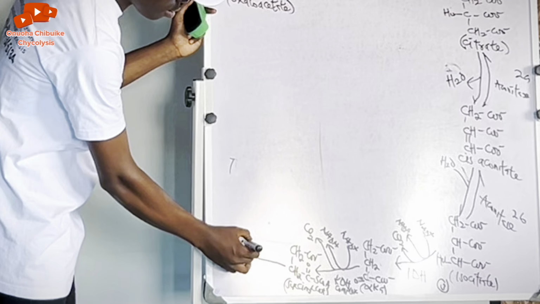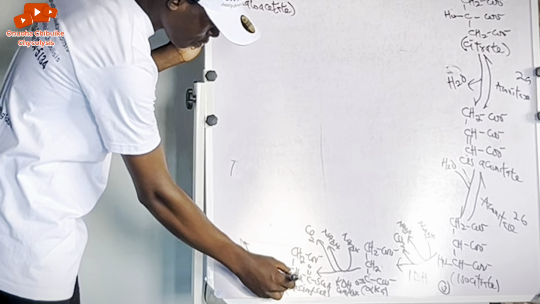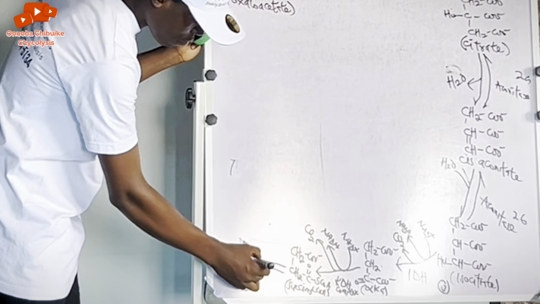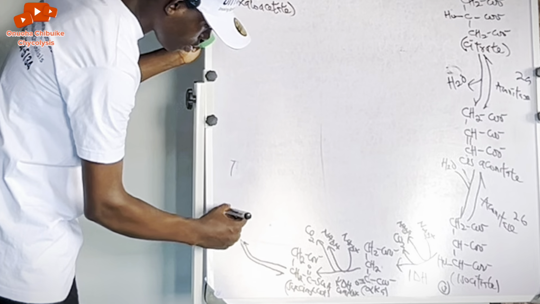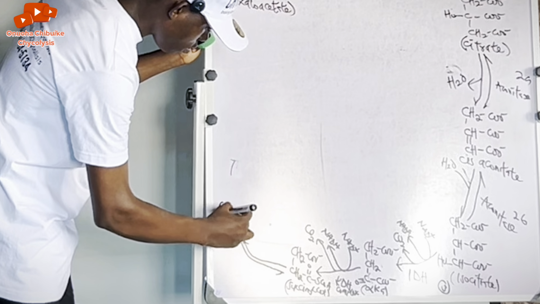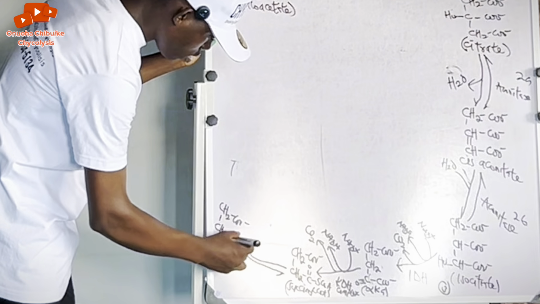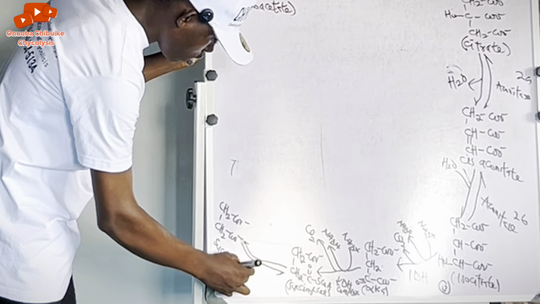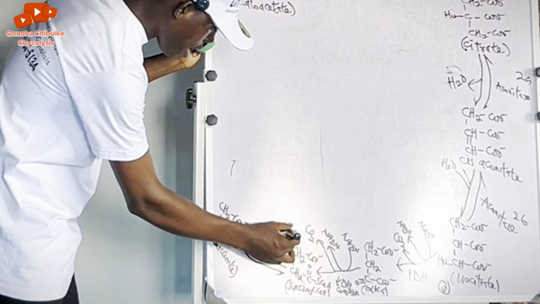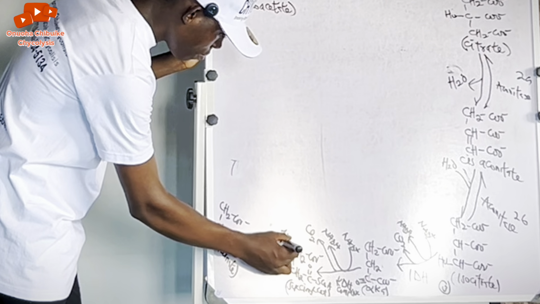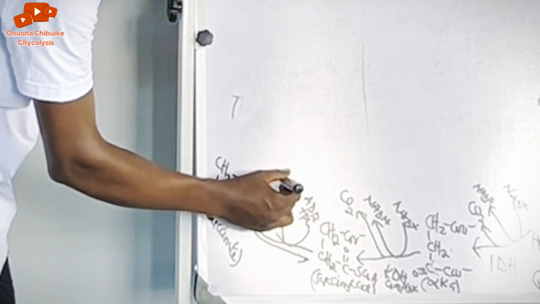to succinate. So what we call substrate level phosphorylation takes place at step 5. We have ADP plus Pi to produce ATP.